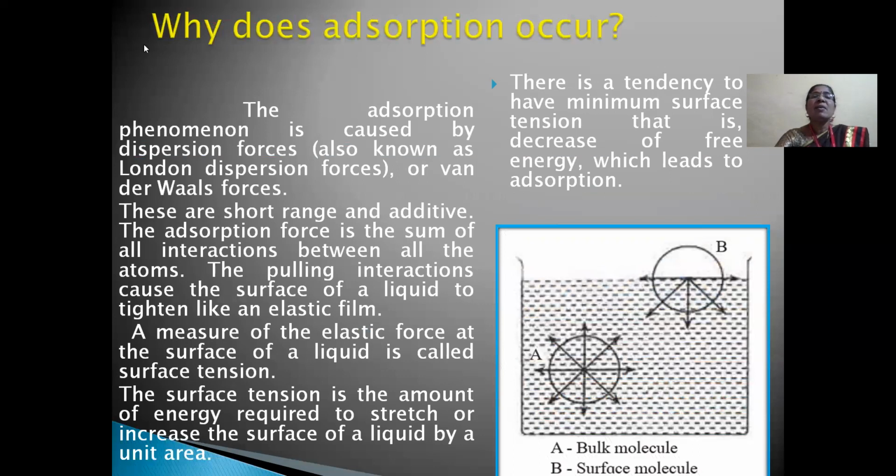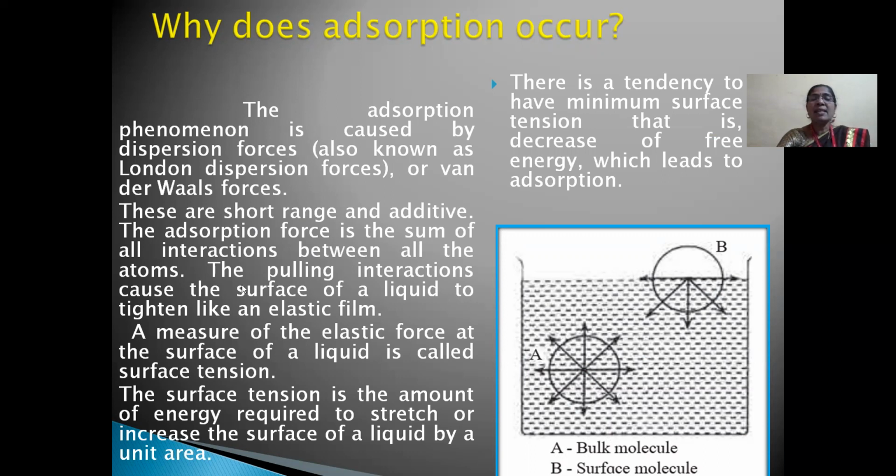Next, why does adsorption occur? The adsorption phenomenon is caused by dispersion force. This dispersion force is also known as London force or van der Waals force. This dispersion force is short range as well as additive. The adsorption force is the sum of all interactions between all the atoms.